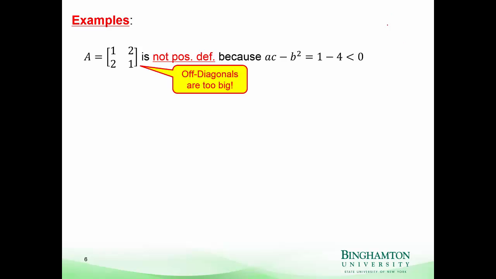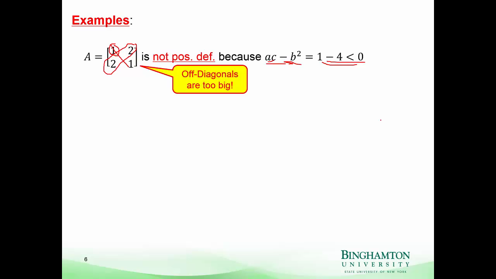We check the first upper left element. We're good on that. Check the determinant. Oh, it ends up being -3. And we can see why it fails. It fails because for this choice of A and C, 1 and 1, these are too big. Because we get 1 minus 4, and that ends up becoming negative.